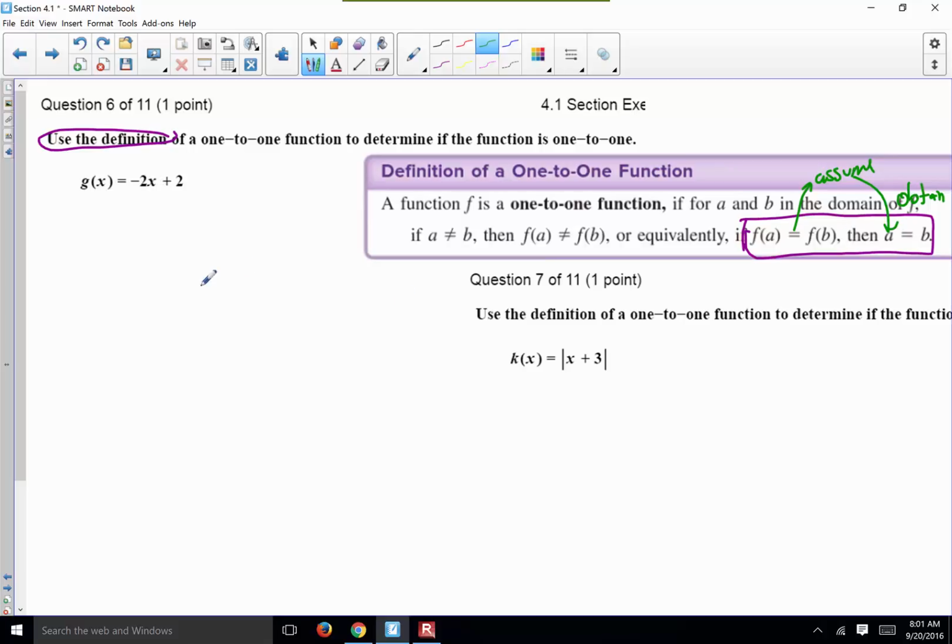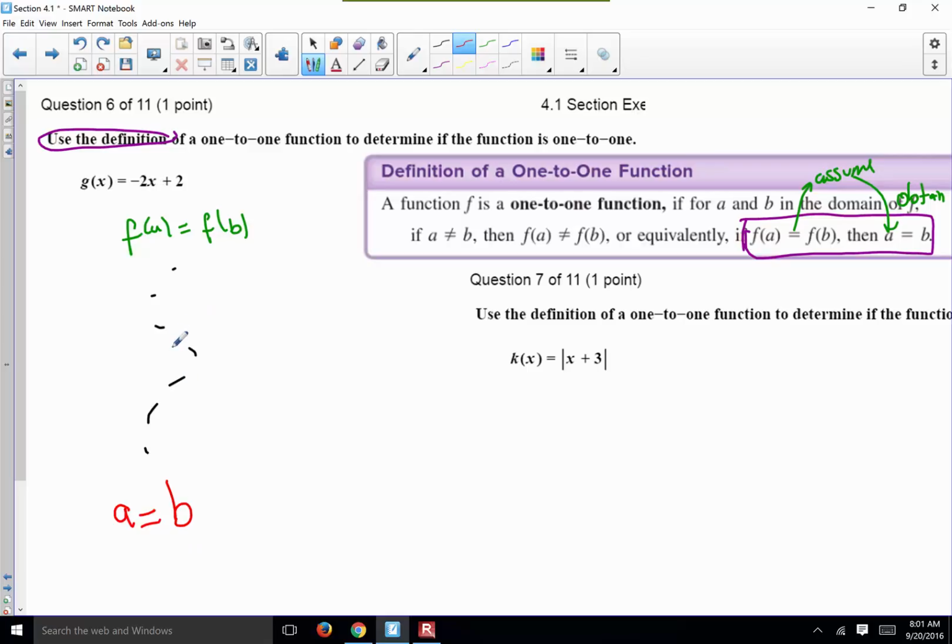You do some work, and at the final stage I want to see you have proven with mathematical moves that a and b cannot be different. They are actually the same. That's one-to-oneness. If y values match, x values match.